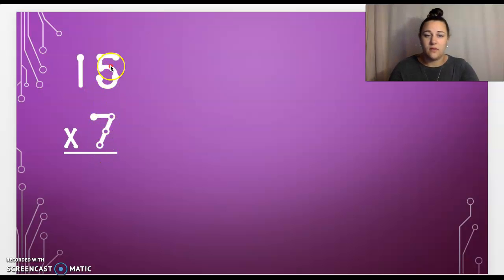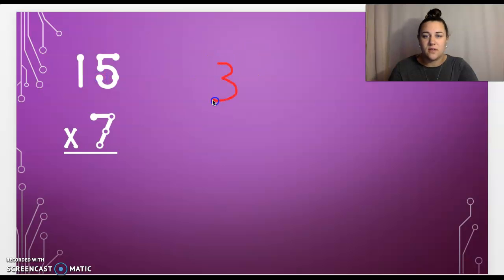So we have 5 times 7 in our ones place. Now, my friends, you can make 5 groups and put 7 in them, or you can skip count by touching the touch points on the 5. So remember, we're going to skip count on 5 by 7. So we're going to start with 7, 14, 21, 28, 35.